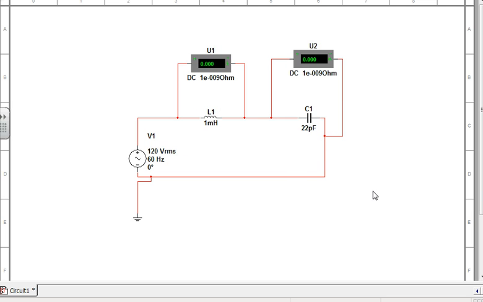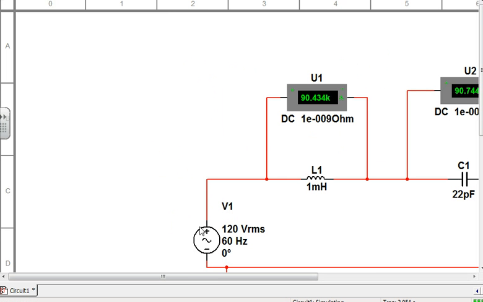Okay, that's what I'm going to do. Turn it on. So I've got 120 volts RMS here. What are those voltmeters saying? Well, I can stop that. There, I stopped it.